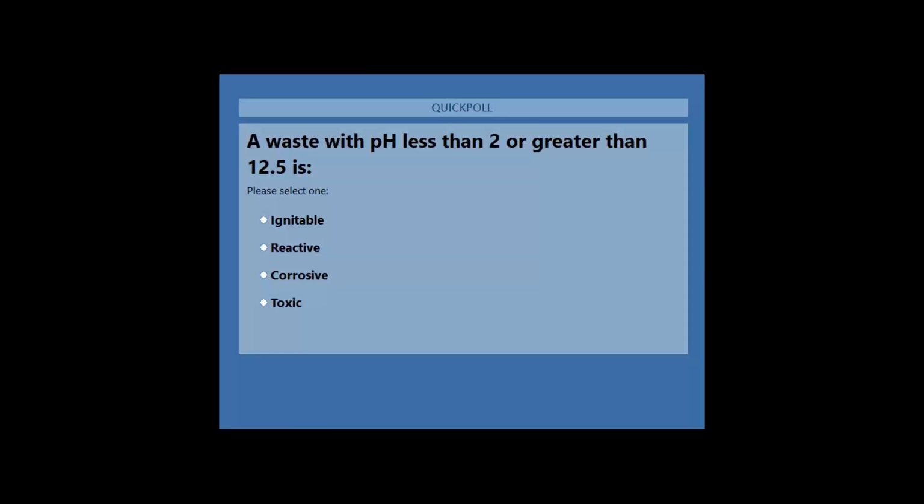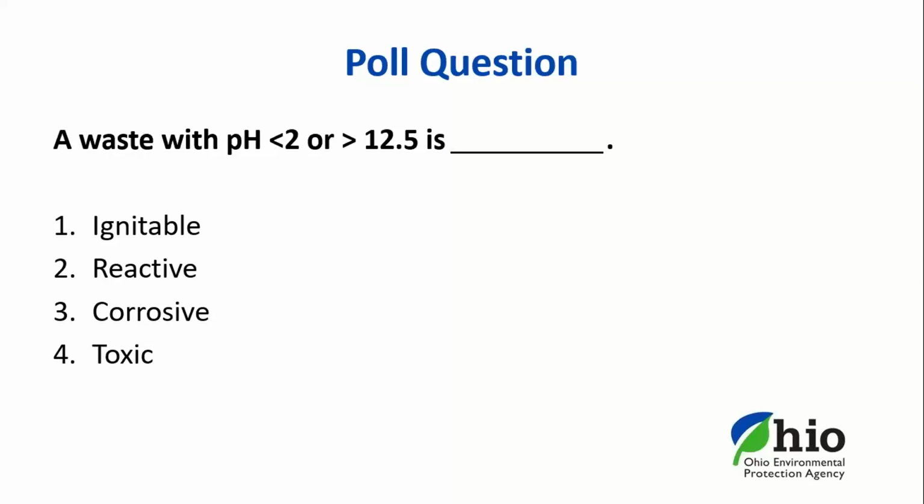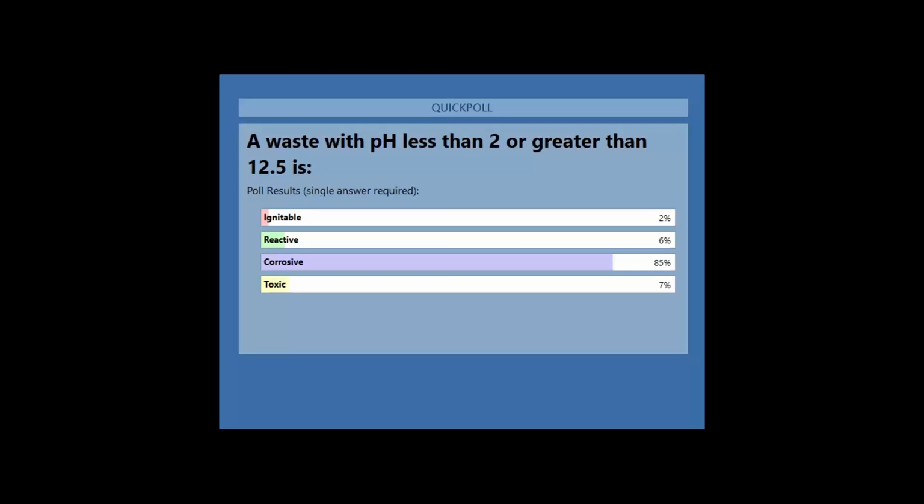If you have not already responded, please do so now. We will be closing the polls momentarily. The polls have been closed. It looks like the majority responded C, corrosive, and now I'll hand it back over to Kristie.